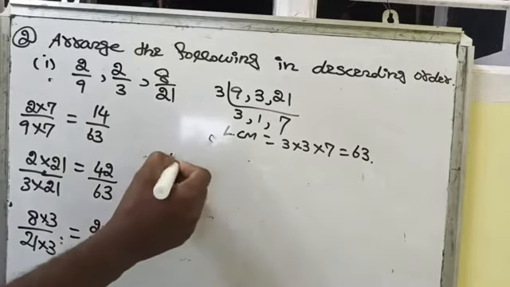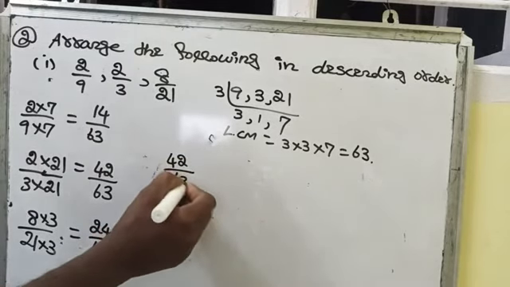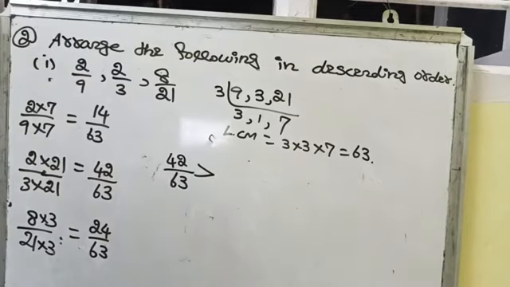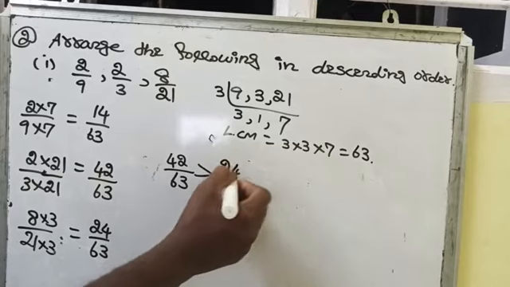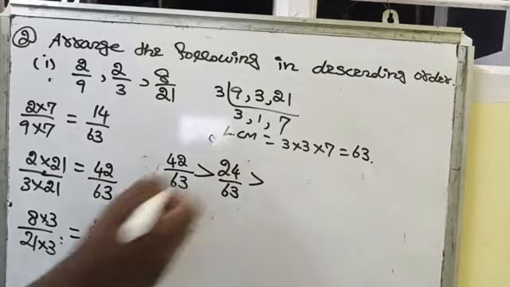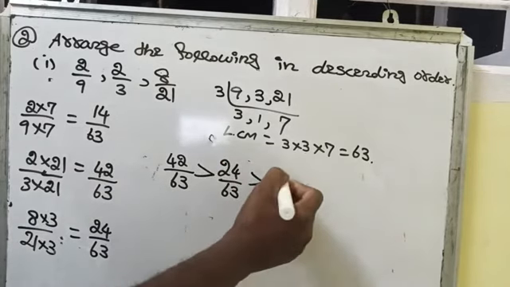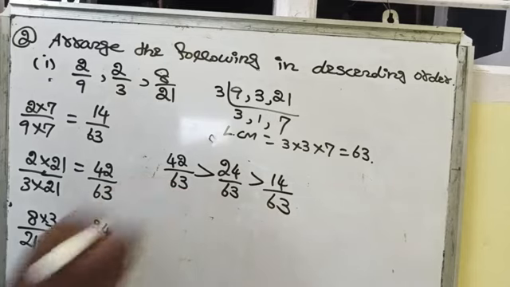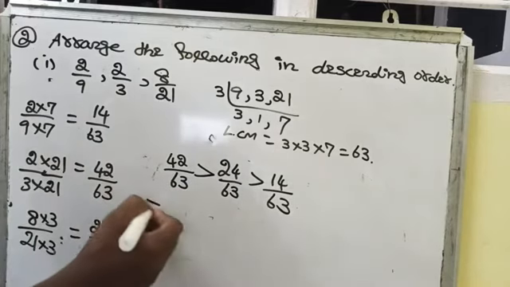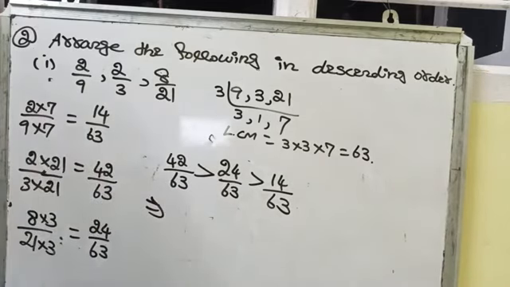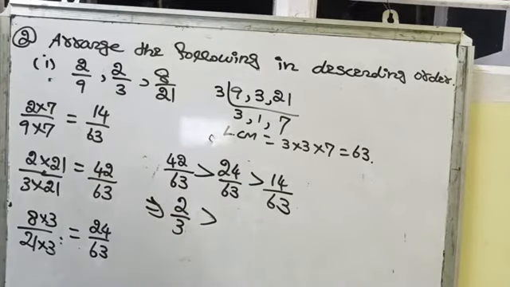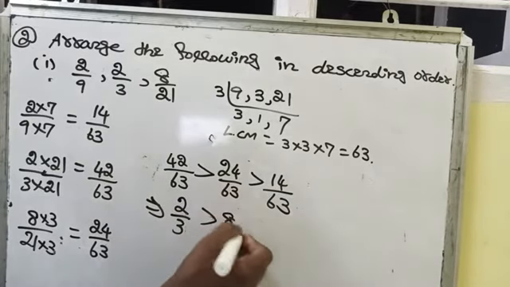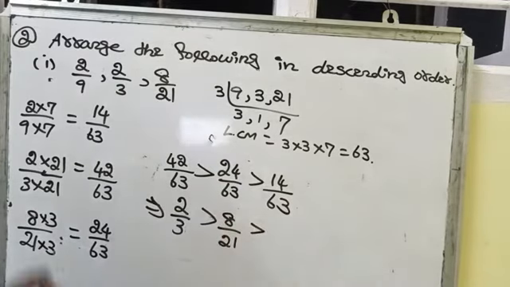So 42 by 63 is the greatest, then 24, which is greater than 14 by 63. Writing the equivalent fractions, 2 by 3 is greater than 8 by 21, which is greater than 2 by 9.